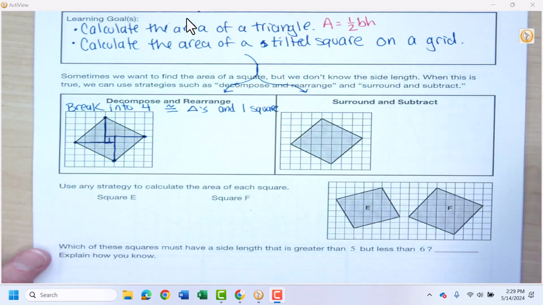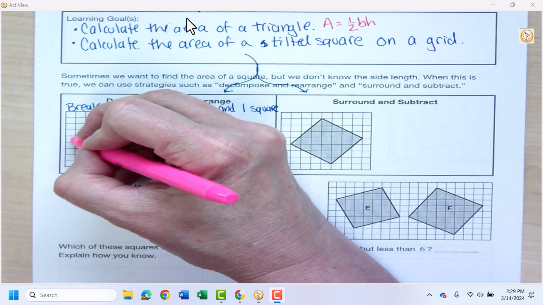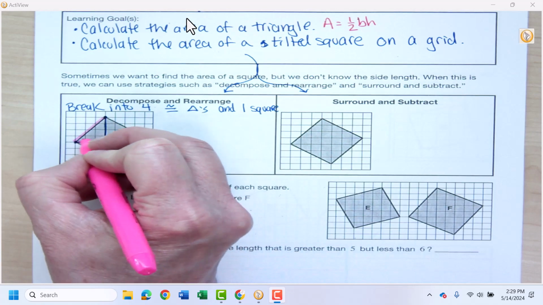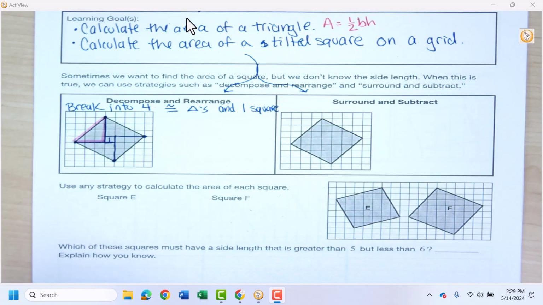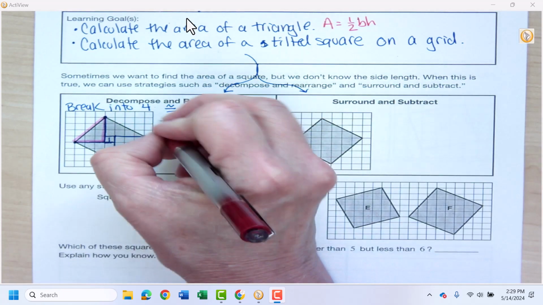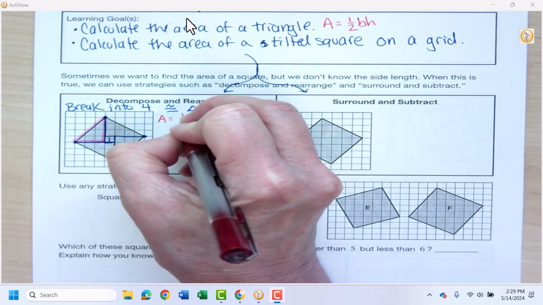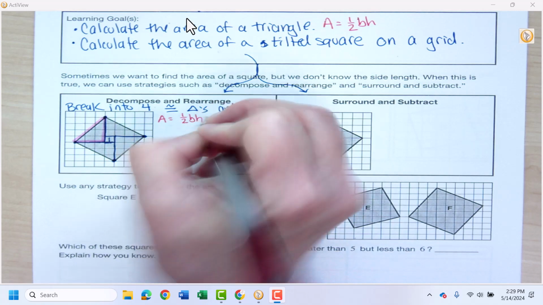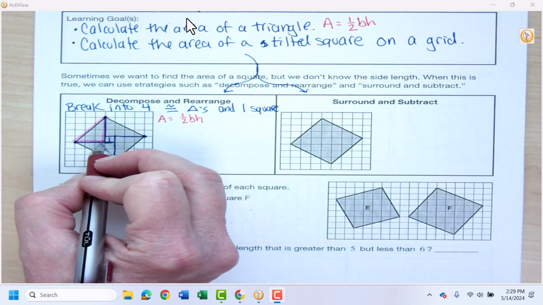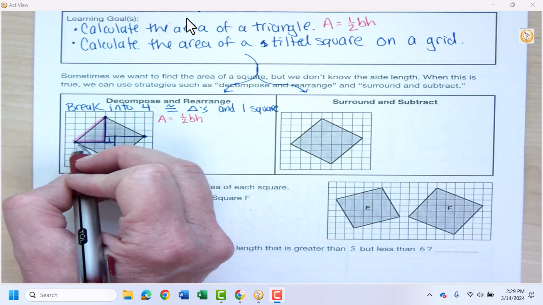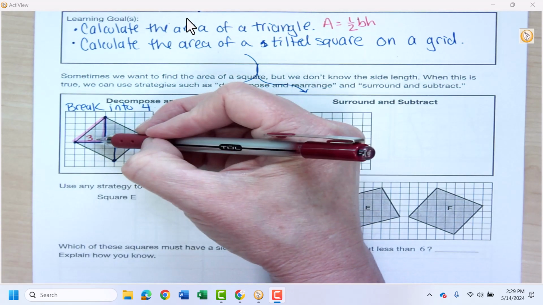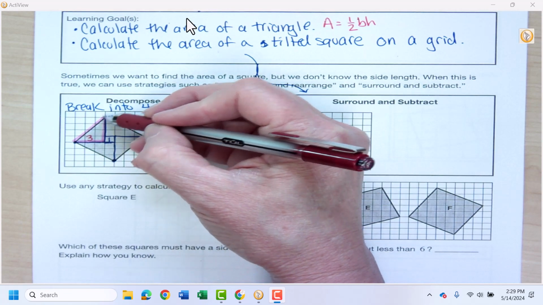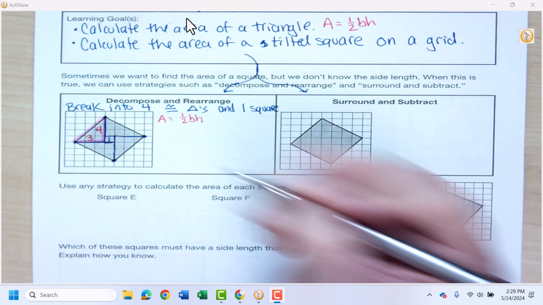But let's look at these other triangles. The good news is if you find the area of 1 triangle, you really have the area of each of the triangles. So there's my triangle. I know that the area of a triangle is 1/2 the base times the height. So let's count up the base and the height. The base is 1, 2, 3 squares long. The height is 1, 2, 3, 4, if I want to get all the way to the top here.